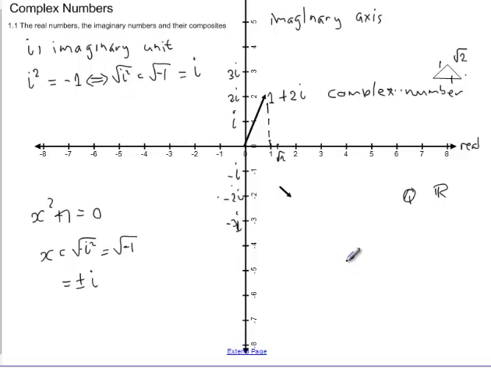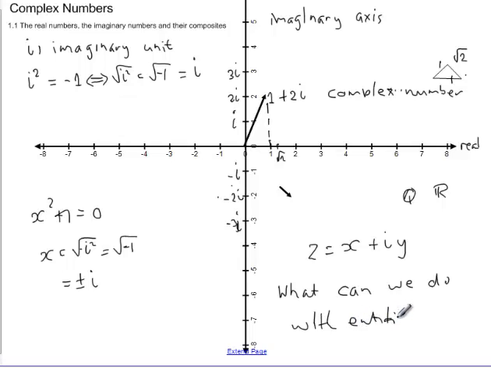Guys, from today onwards, you know what a complex number is. What's a complex number? It's a number with the structure x plus iy. That's a complex number. Then the question comes, what can we do with these entities?